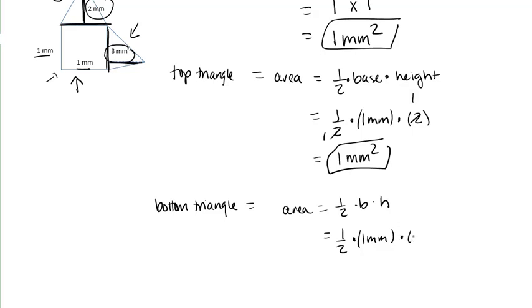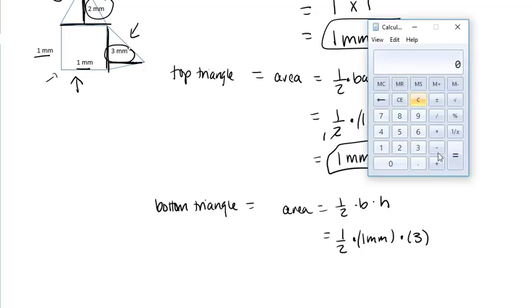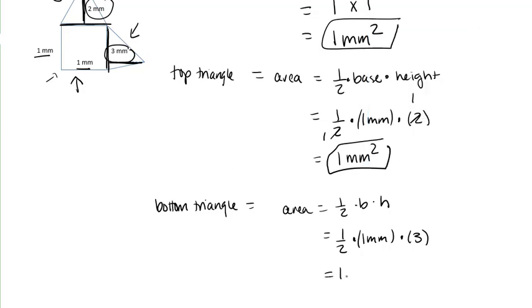So it's times 3. So what we need to do is then go 1 times 3, which is 3, and then we'll just divide it by 2, as it's the same thing as multiplying it by 1/2, and we get 1.5 millimeters squared.